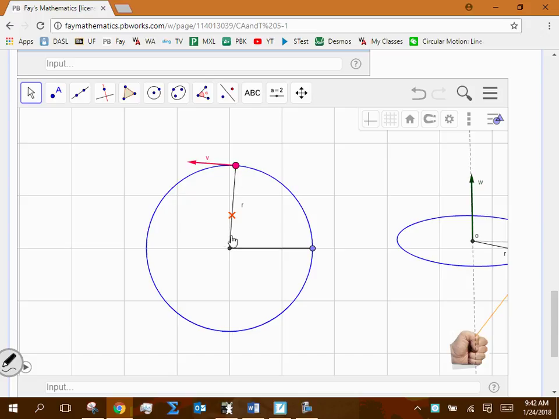Okay, so maybe this is a string, and I've tied a rock here, and I've tied a rock here, and I'm going to start spinning this string around my head, and I want to talk about the speeds, the linear velocity of those 2 rocks. They have the same angular velocity, right? Does that make sense? Okay, they're both on the same radius. The angle is changing the same for both of those. Anybody want to take a guess at which is the one that's going fastest?